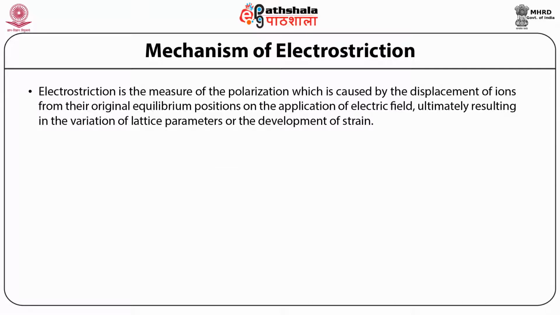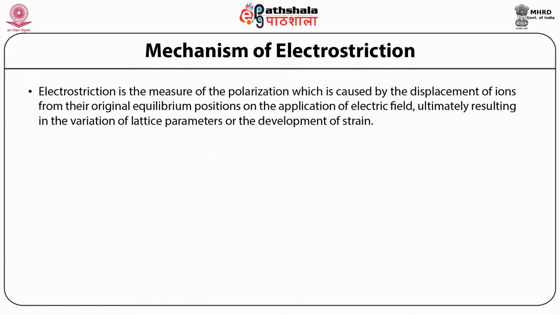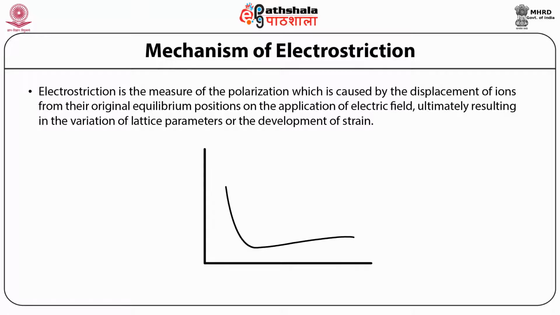Electrostriction is caused by small displacements in the position of ions from their original position on the application of electric field. Positive ions are displaced along the direction of the applied field, whereas the negative ions are shifted in the opposite direction.